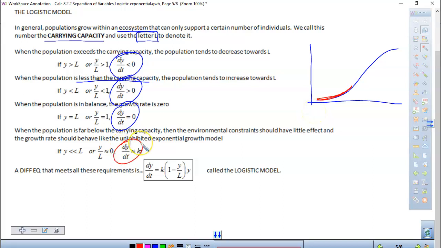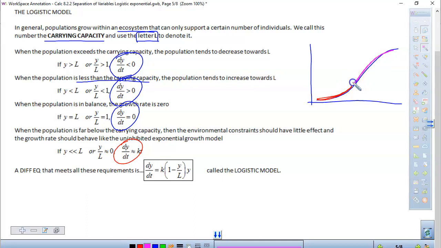As it gets closer to the carrying capacity, it goes from exponential to logarithmic.